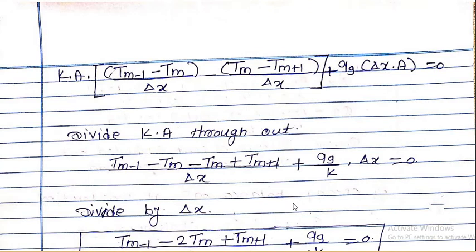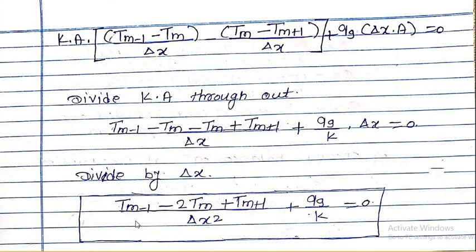Next we divide by delta x throughout, so we get T suffix M minus 1 minus 2 multiplied by T suffix M plus T suffix M plus 1, divided by delta x square, plus q g divided by k is equal to 0.